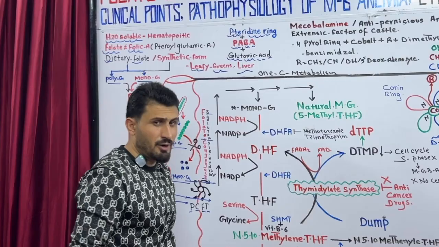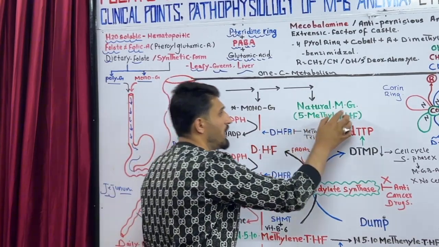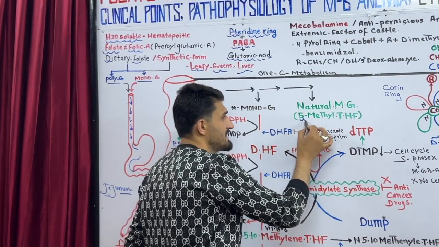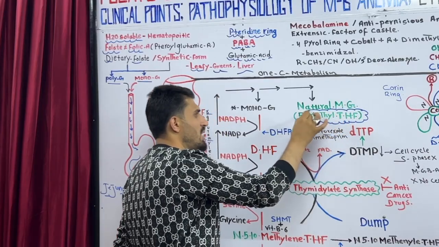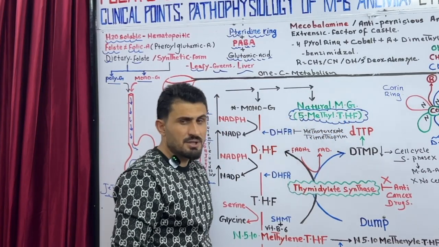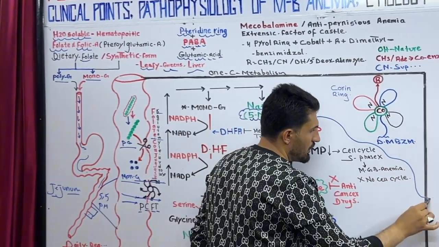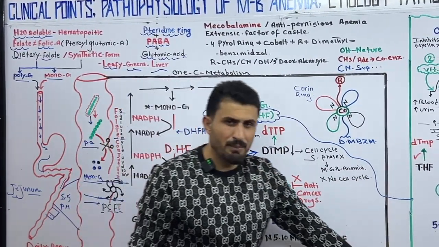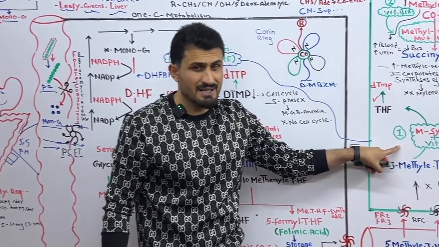Now keep it in your mind that most of the natural monoglutamate form of folate is in the form of 5-methyl tetrahydrofolate. And keep it in your mind that we can transport this 5-methyl tetrahydrofolate into the blood circulation, and from the blood circulation to the target tissue.